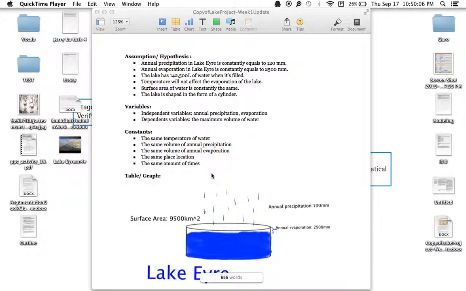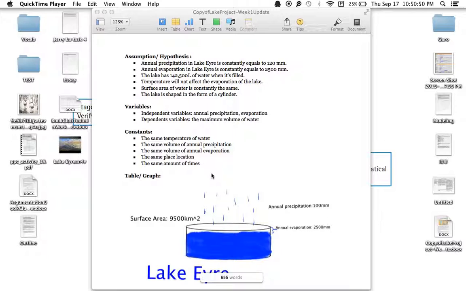The hypothesis that we make is the precipitation in Lake Eyre is constantly equal to 120 millimeters, and the evaporation in Lake Eyre is constantly equal to 2500 millimeters, and the volume, that means when the lake is filled, has 142,500 liters of water.